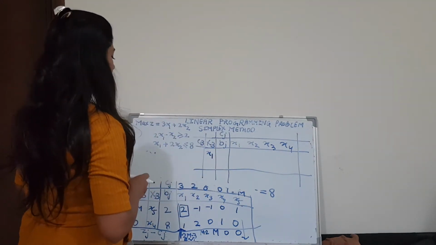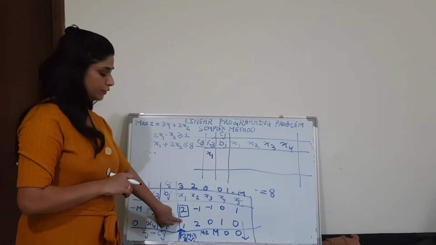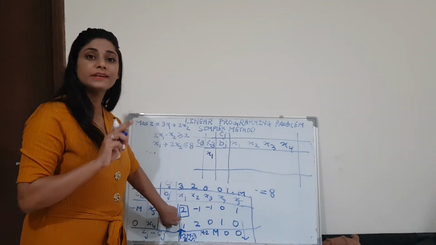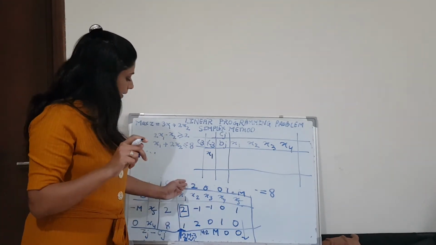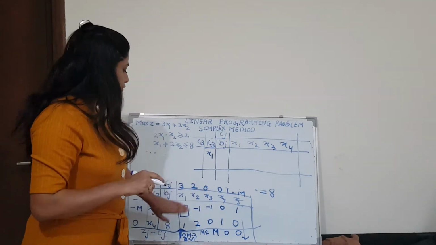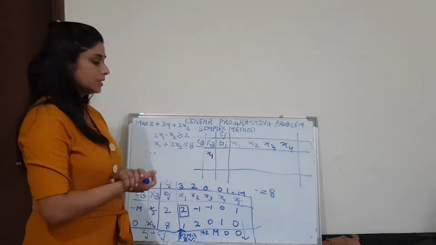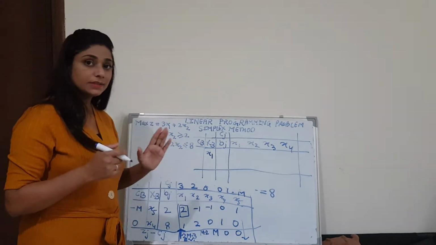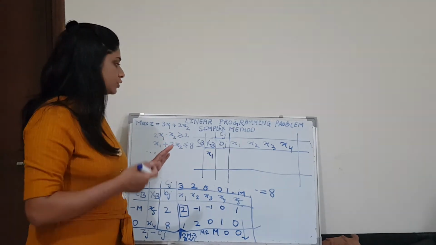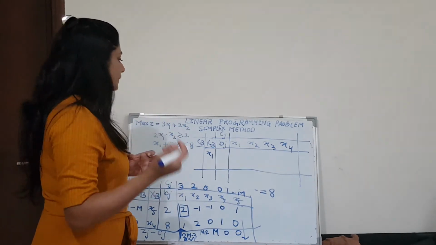Now what we have to do next: the place where we get the outgoing vector, we have to make 1 there, and the upper and lower side we need to make 0. So first of all we will make 1 here. This is the method and you need to keep practicing. The more you practice, the more you will keep it in mind and learn this method.